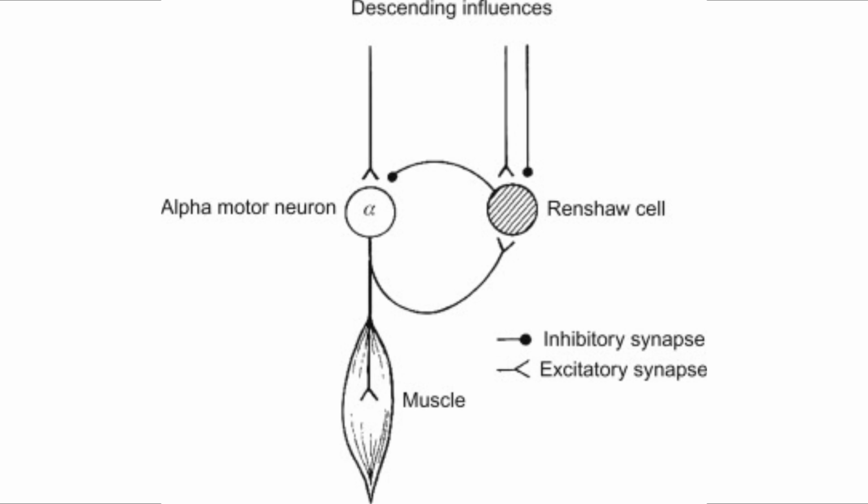And this synapse is excitatory, meaning the alpha motor neuron activates the Renshaw cell directly. And the Renshaw cell, once excited, sends the inhibitory output back to the same alpha motor neuron, and sometimes neighboring motor neurons as well. And this means that the alpha motor neuron is controlling its own inhibition via the Renshaw cell.